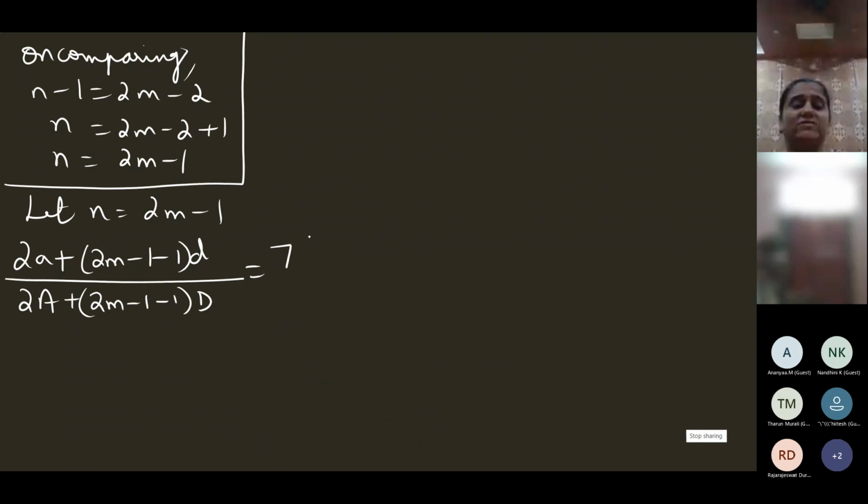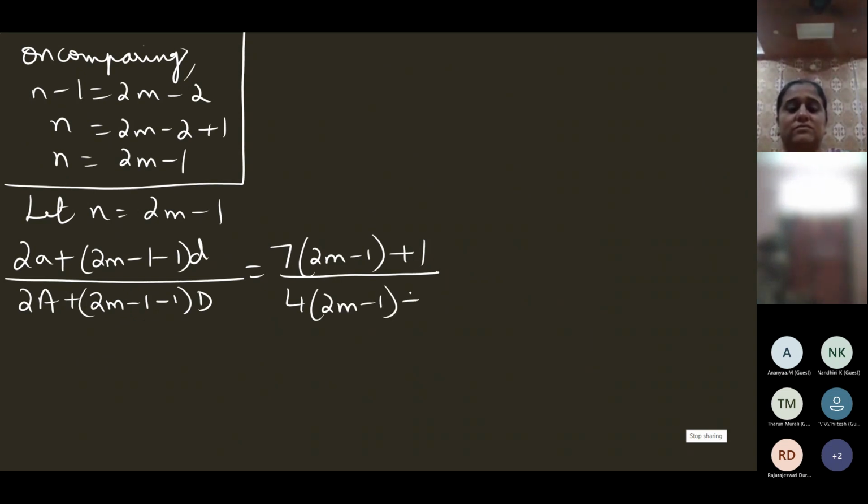Not n. Wherever there is n, you should use 2m minus 1. So 7 into 2m minus 1 plus 1, divided by 4 into 2m minus 1 plus 27. Very good.